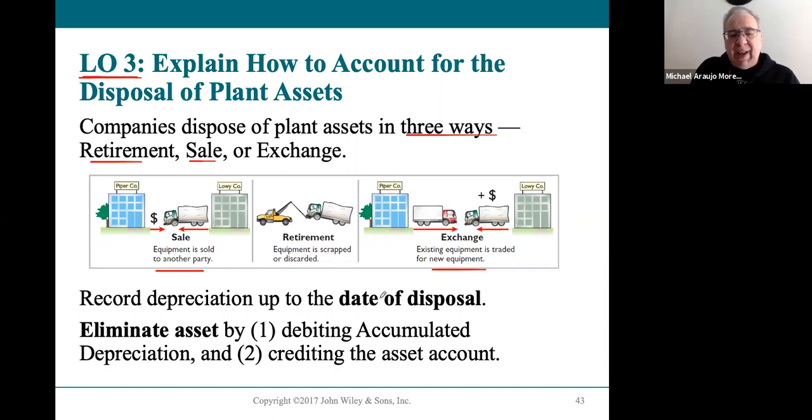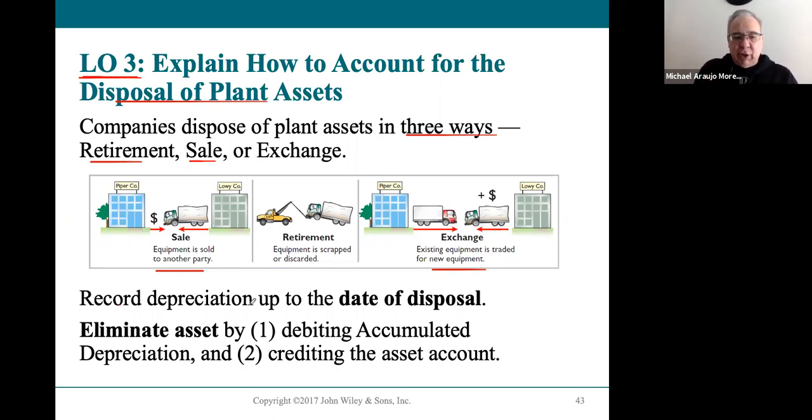So, a couple of things that we have to do to understand what we call a disposal of a plant asset is that sometimes a disposal of a plant asset leads to a company having to recognize a gain or a loss on the sale of that asset. Okay, so we're going to look at all of that.